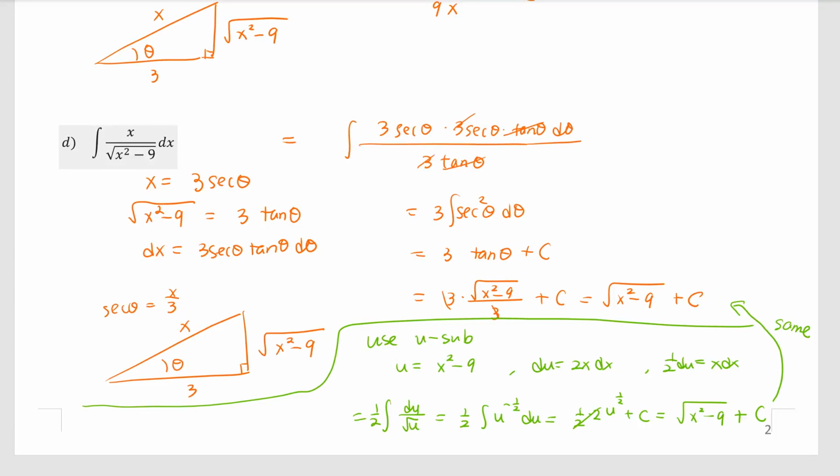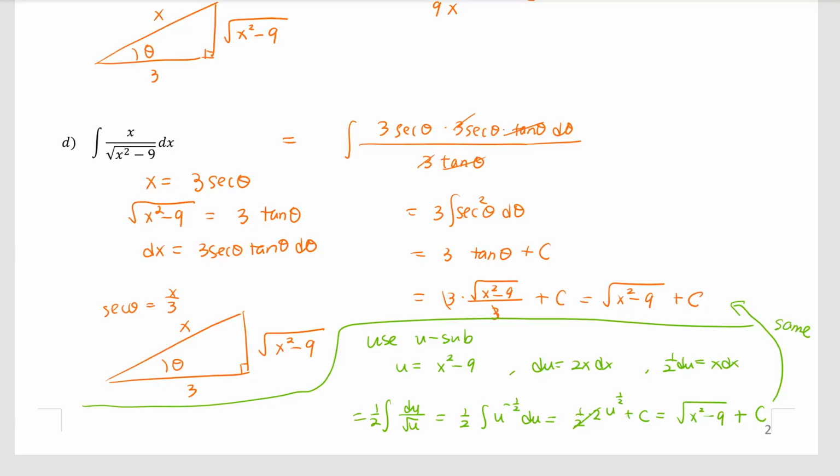So in this problem, we can actually use both ways, trig substitution and u substitution, to solve. Of course, which way is easier? U substitution is easier. Sometimes if I give you an integral in the exams, because they're chapter exams, it's going to be everything, involving all kinds of possible integration techniques.